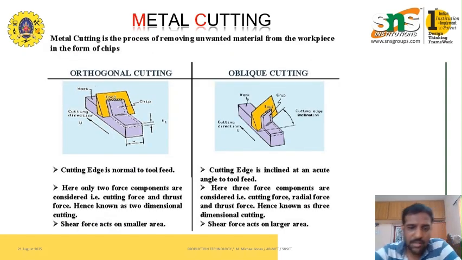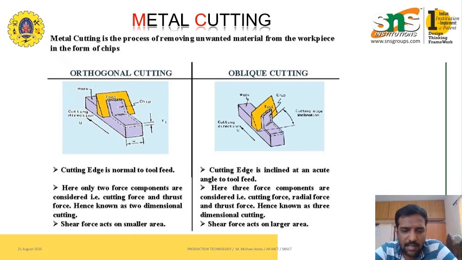The figure shows a very clear picture of how orthogonal cutting and oblique cutting are done. A workpiece is kept, and the angle between the workpiece and the tool shows the nature of cutting, orthogonal cutting and oblique cutting. In orthogonal cutting, the cutting edge is normal to the tool feed, and here the cutting edge is inclined at an angle.